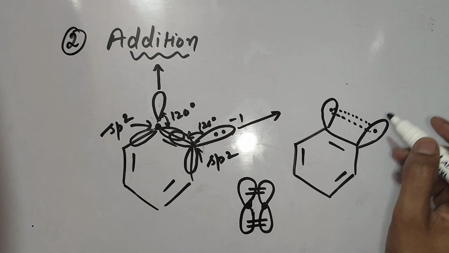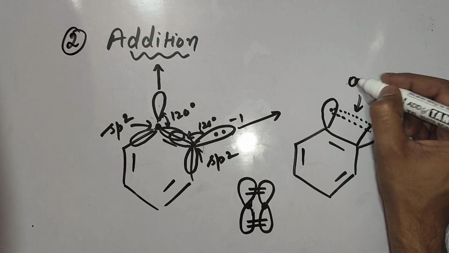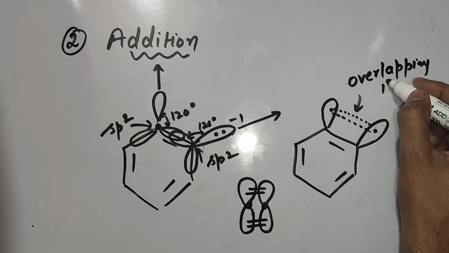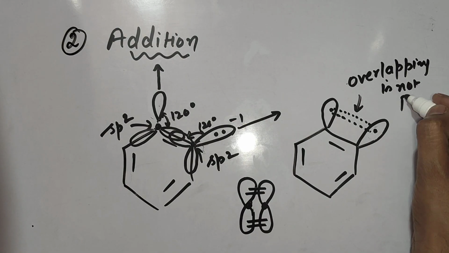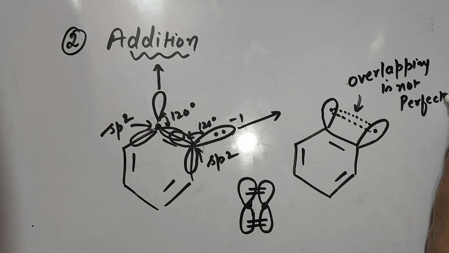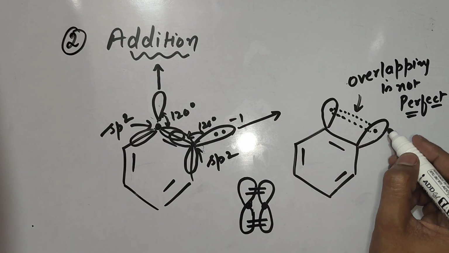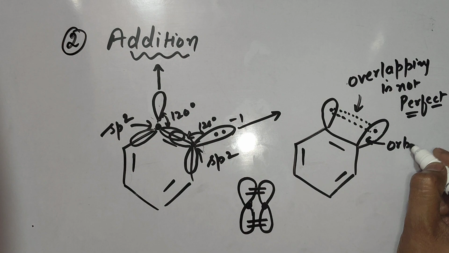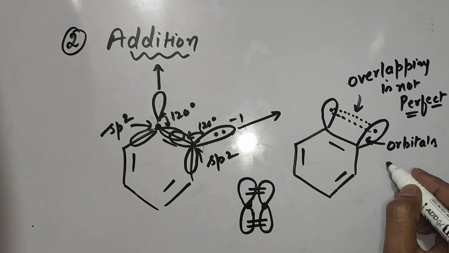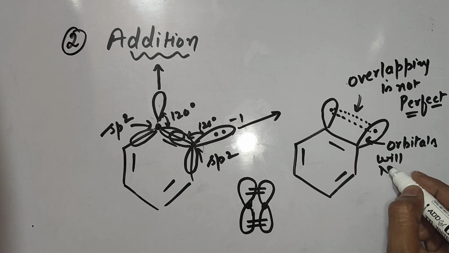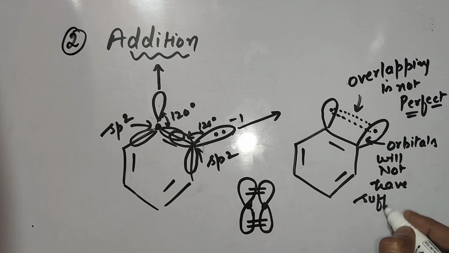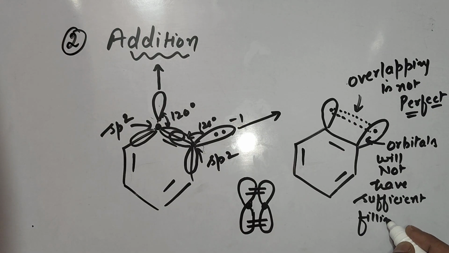Now because the overlapping is not perfect, both orbitals will not have sufficient filling of electron.